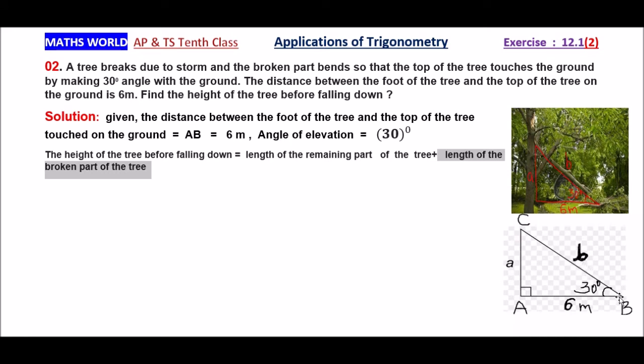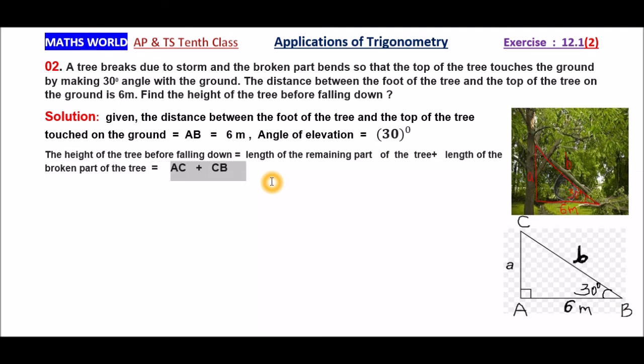This is the broken part of the tree. So that is equal to AC plus BC. AC plus CB. You got it now? We have to find out the height of the tree before falling down.